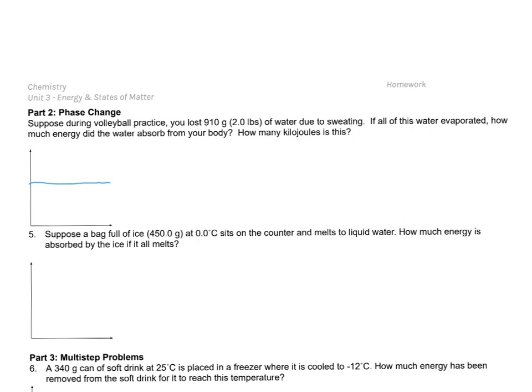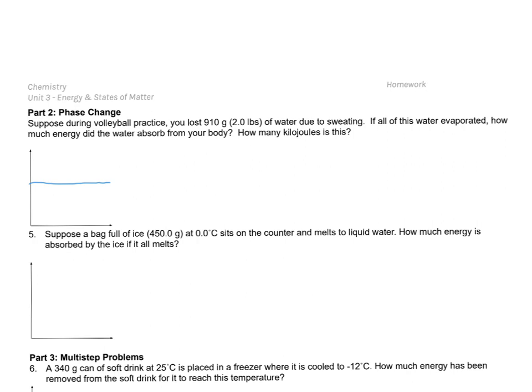Is it a phase change where solid is going to liquid or liquid is going to solid? So either melting or freezing, because then you'll use HF in your equation. And if it's a phase change where a liquid is going to a gas or gas is going to liquid, so that's boiling or condensing, then you'll use HV in your phase change.